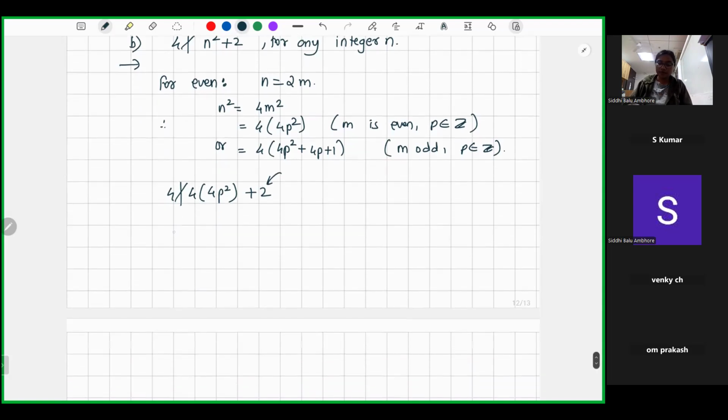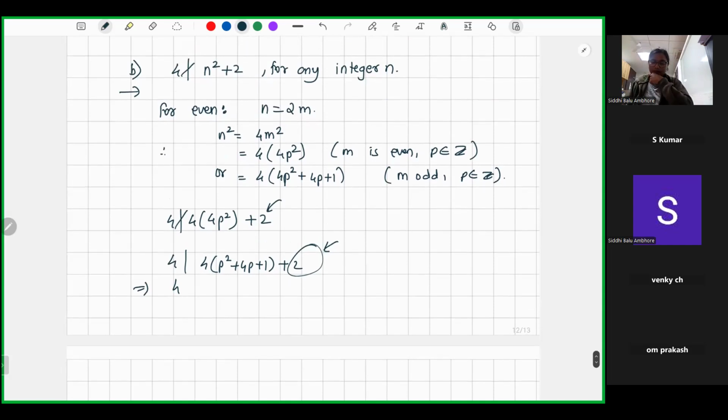And secondly, for odd cases, this is 4p square plus 4p plus 1 plus 2. This 2 will always create a problem.